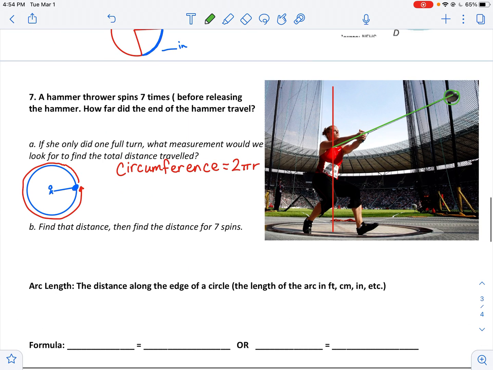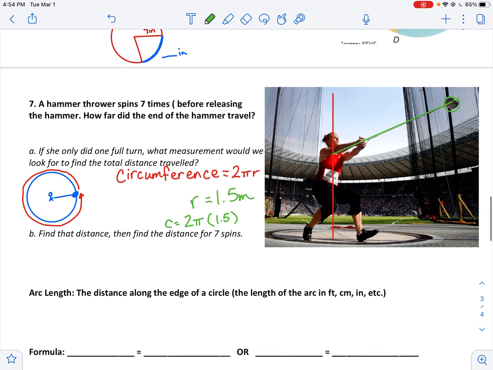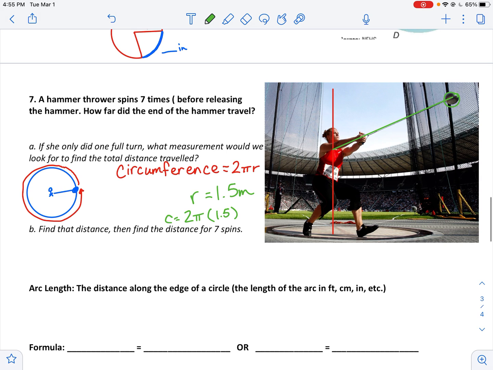Now in class, we simplified this to say that that distance was 1.5 meters. So I would find the circumference, 2 pi times r, or 1.5 meters, to figure out what that would be for one spin. So that would be, what is that, 3 pi.